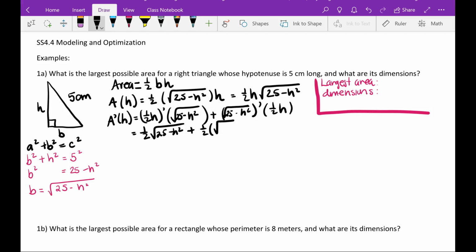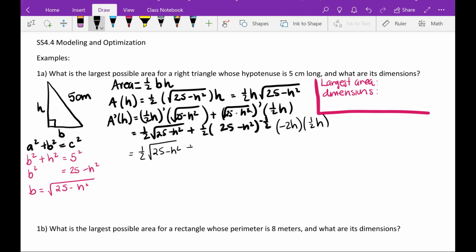All right, the derivative of that is 25 minus H squared to the negative half, and then times the chain rule, which is negative 2H, and then drop my 1/2 H down. Wow, sorry about that. So this is 1/2.